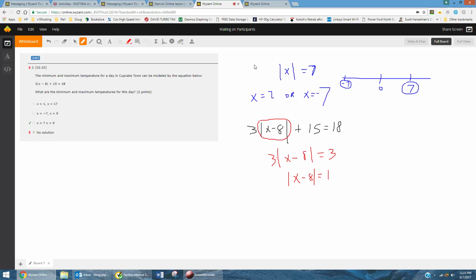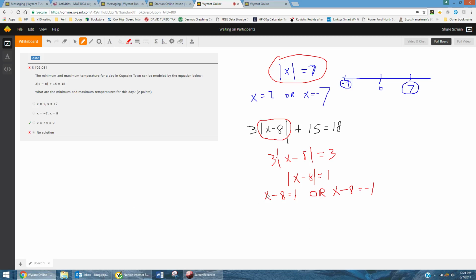Now we're down to this kind of equation. The expression in absolute value either has to equal 1 or it has to equal -1. That's how you remove the absolute value symbols when you're solving an absolute value equation.